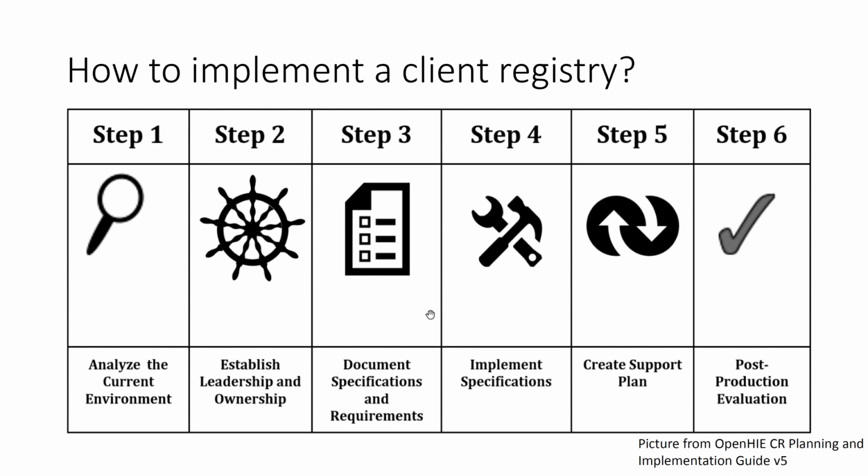And then step five, after implementation, of course, we should have a support plan. So in the long run, it can have a help desk support or any other support that we will further discuss later on. And then lastly, would be a post-production evaluation.